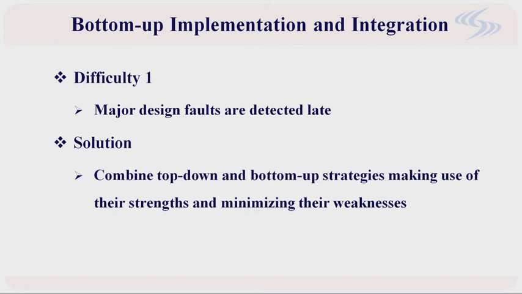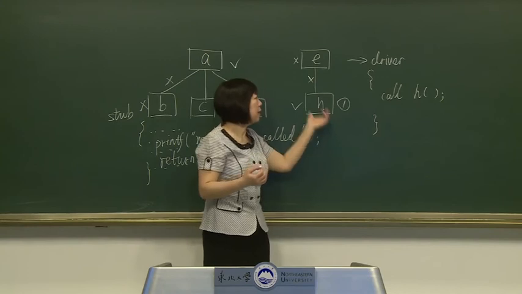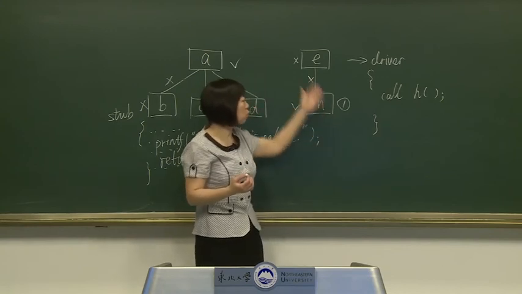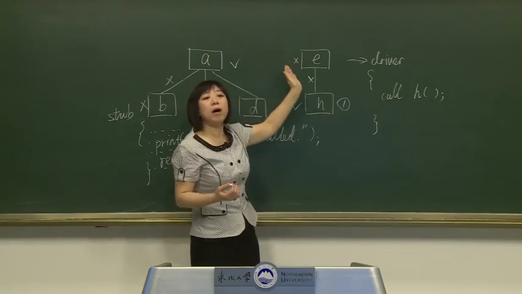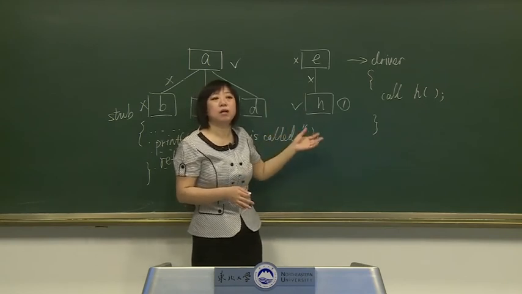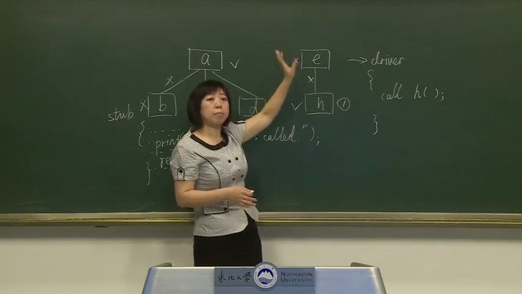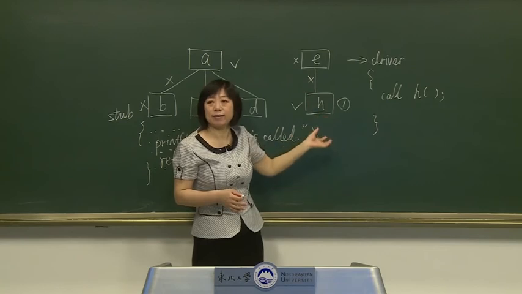Well, bottom-up really has some problem. Major design faults are detected late because the modules are implemented and integrated from bottom to up. Well, the major design fault, that means the problem with the logic modules at the top level, is detected late.